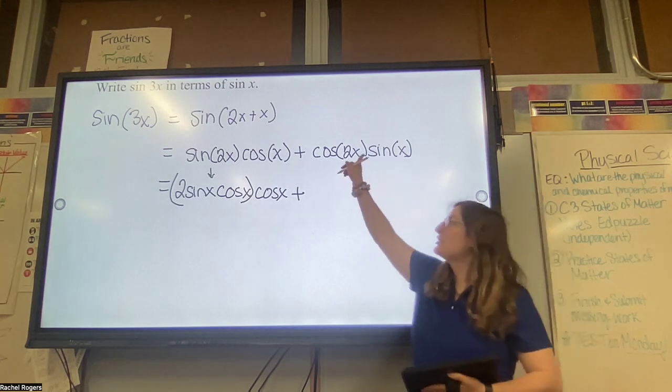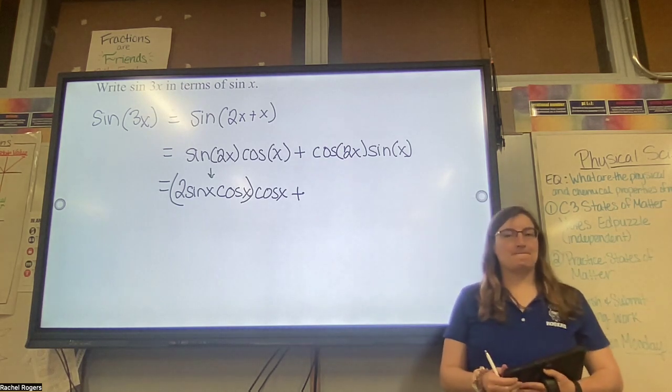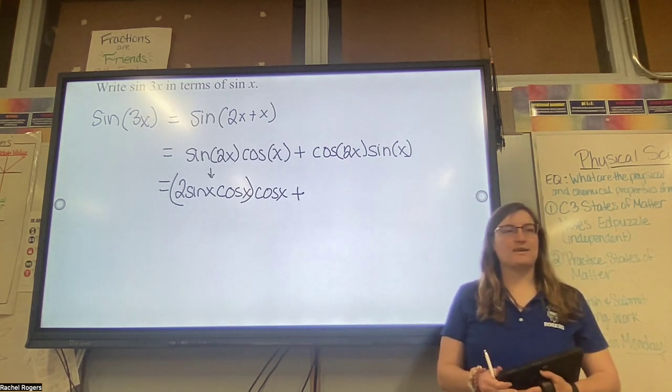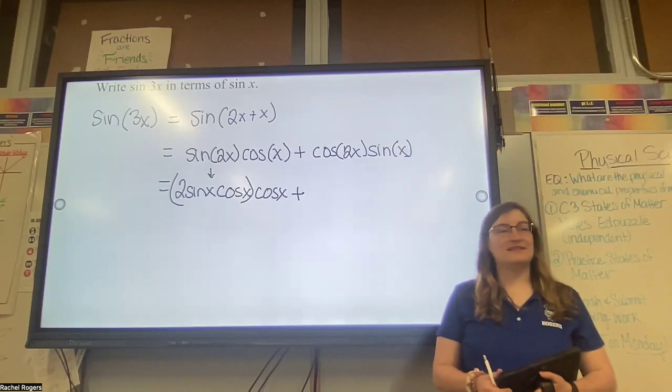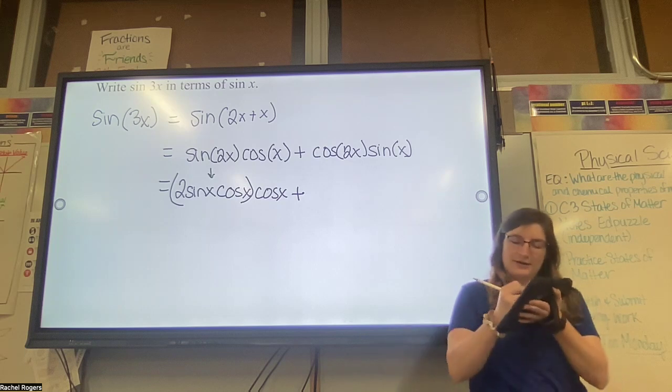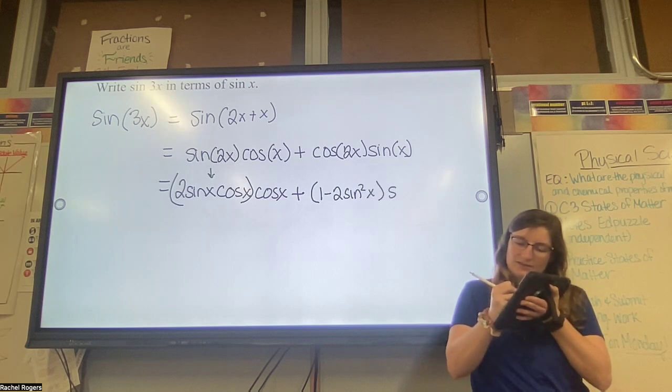And now how do we do it for cosine? Which version of cosine do you want to use? Of cosine of 2a, the sine one, 1 minus 2 sine squared. Okay, so this is 1 minus 2 sine squared of x times sine of x.